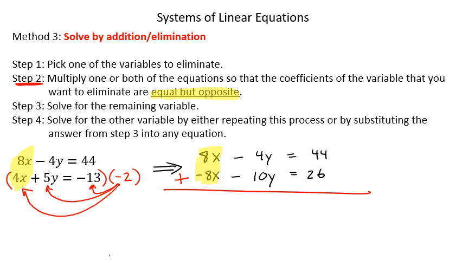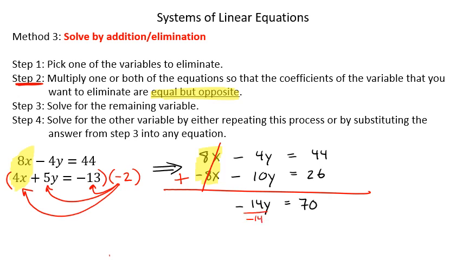All right, left side plus left side equals right side plus right side. We have a positive 8x and a -8x, so they give you 0. Got a -4y and a -10y, so that's a -14y. And then 44 plus 26 is 70, and we're one step away from half of our answer.